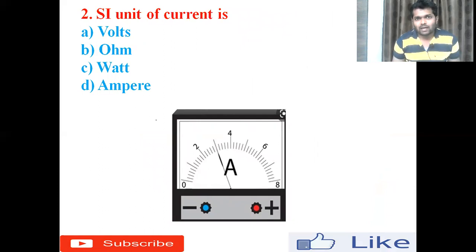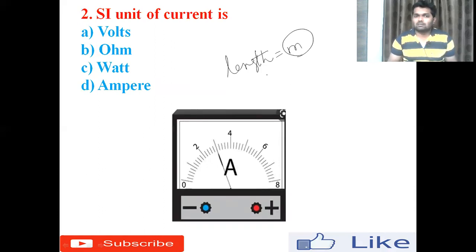SI unit of current is: option A, volts; option B, ohm; option C, watt; option D, ampere. For example, the SI unit of length is meters, right?